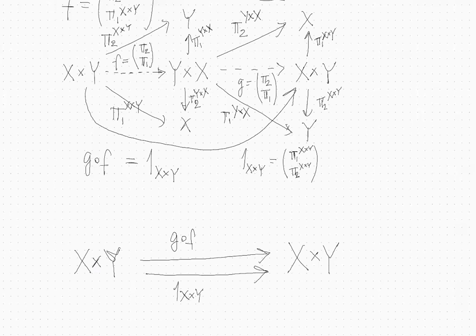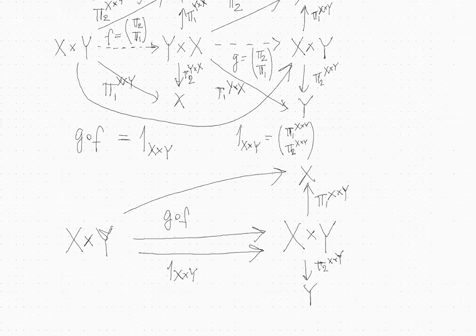So if I put pi1 here and pi2, if it turns out that both composites with pi1 give me the same morphism there, and both of them with pi2 give me the same morphism here, then by the definition of the product, these two morphisms must be the same, right? So that's what we're going to prove then, that these composites are the same.